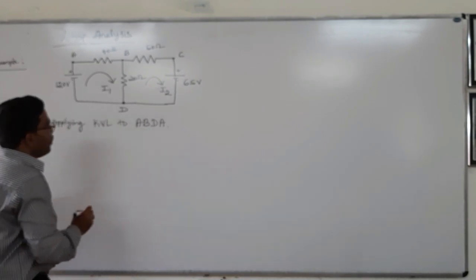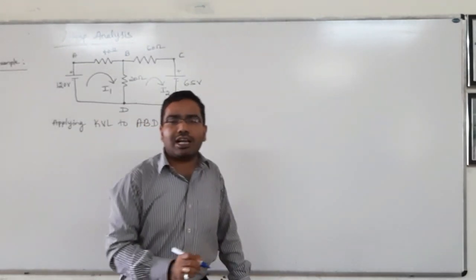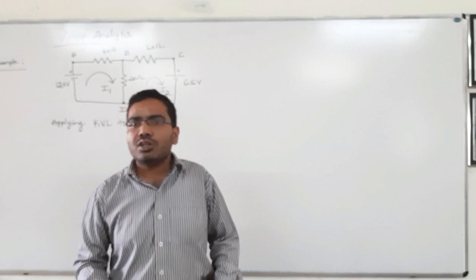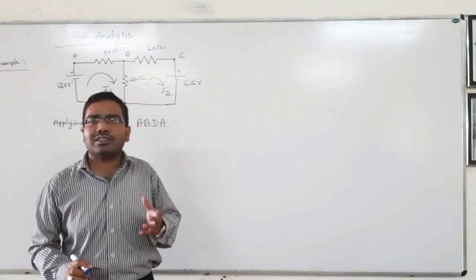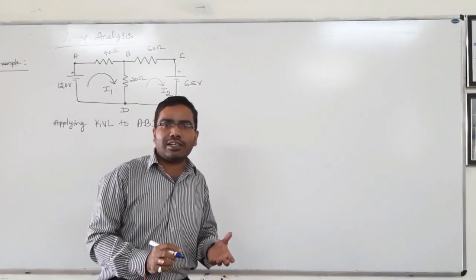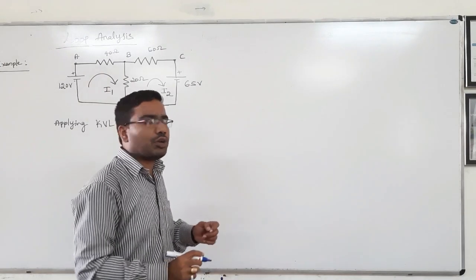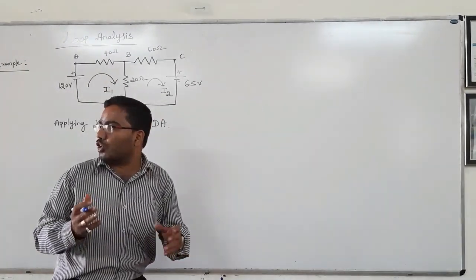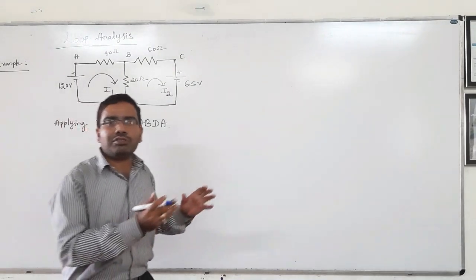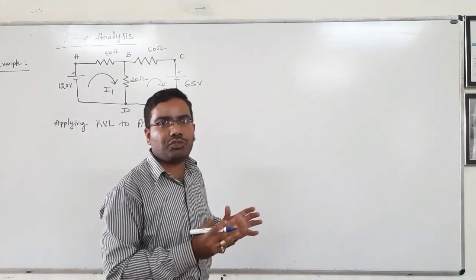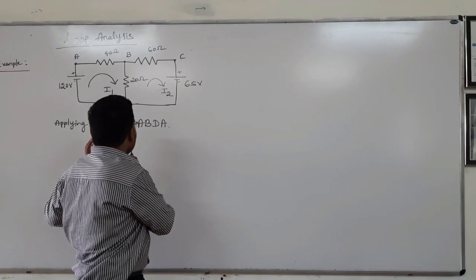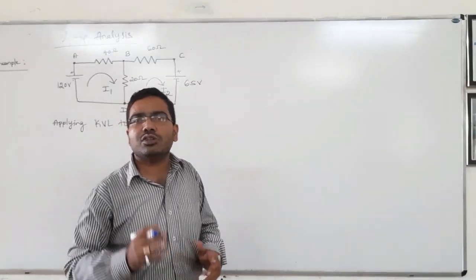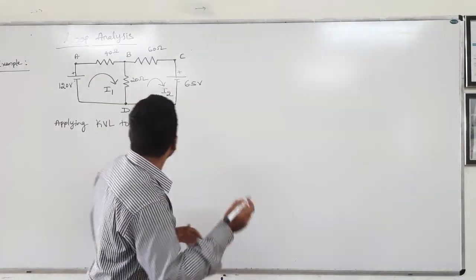So Kirchhoff's voltage law means the algebraic sum of voltage, that is electromotive force, and voltage drops across the resistors is equal to 0. So according to that, I have to make the separation of electrical currents on one side and voltages on another side.